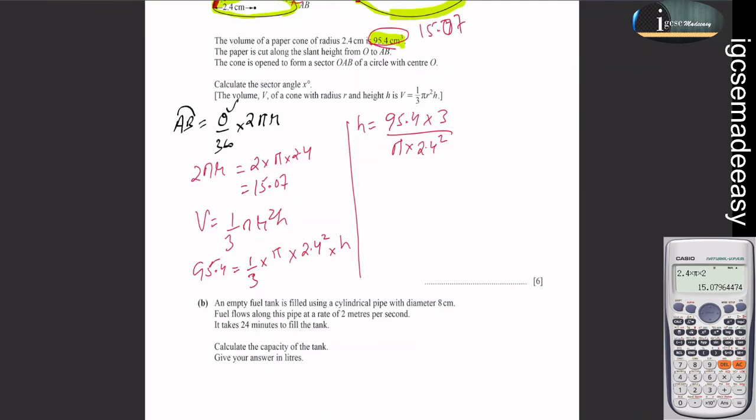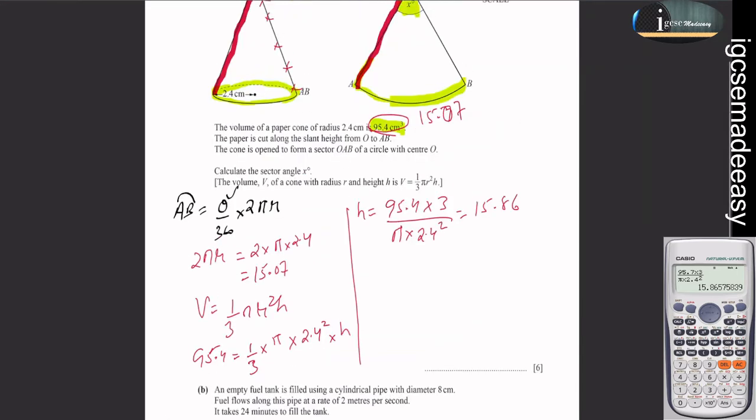So let's find the value of h: 95.4 times 3 divided by pi into 2.4 square gives you 15.86. So I got the value of h.